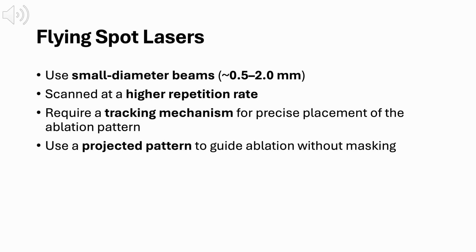Because each pulse removes only a tiny amount of tissue, precise placement becomes critical. For that reason, flying spot lasers require an active tracking system to account for eye movement and ensure the ablation pattern is delivered exactly where intended. Rather than relying on physical masks, these systems use a computer-generated projected pattern, allowing highly customized and smooth corneal reshaping.